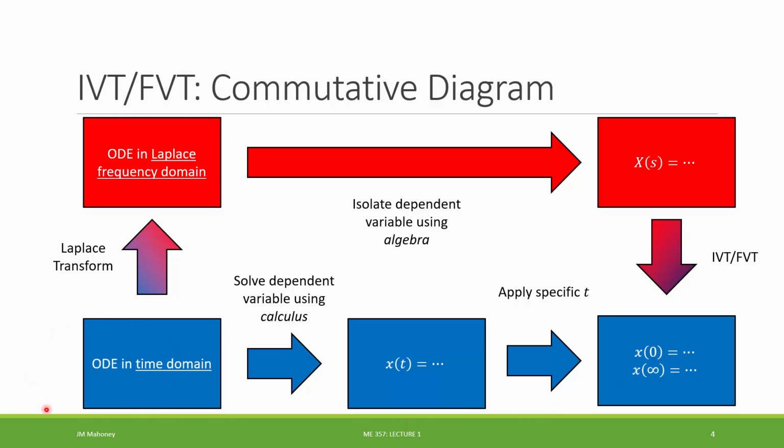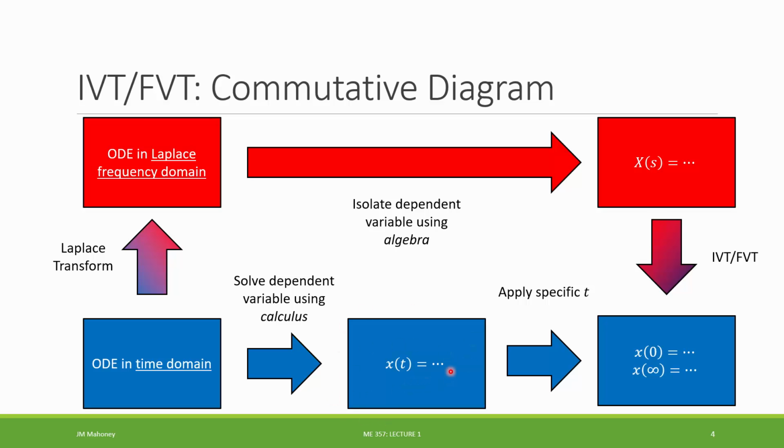If we start out with our ODE, we can apply calculus to it, put in all the information we need, and solve it for x of t in general. Then, if we know x of t, we know the value of our dependent variable everywhere. Any value of t, 0 or any positive value, we can put into the right-hand side and figure out what that value of x is.